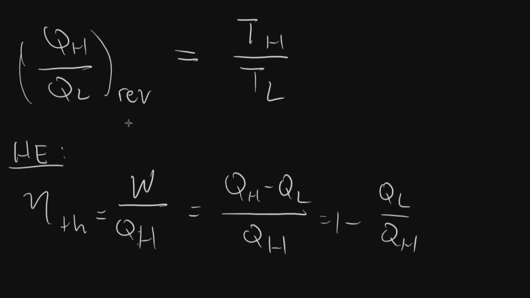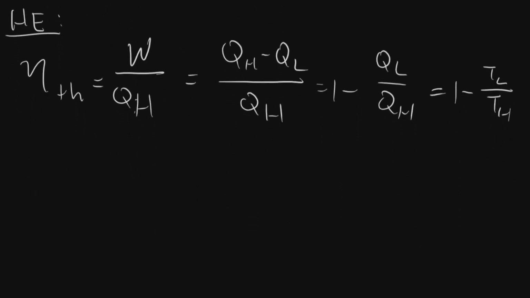But we just showed that this fraction, if we're talking reversible, will be the same as TL over TH, right? If we flip both of these. And so this has to equal 1 minus TL over TH. So if we just know the temperature of the reservoirs, we can find the efficiency of a reversible or ideal heat engine.